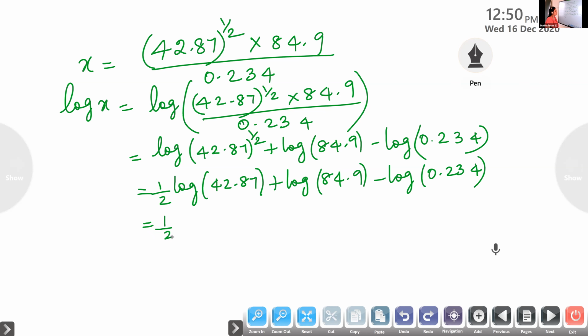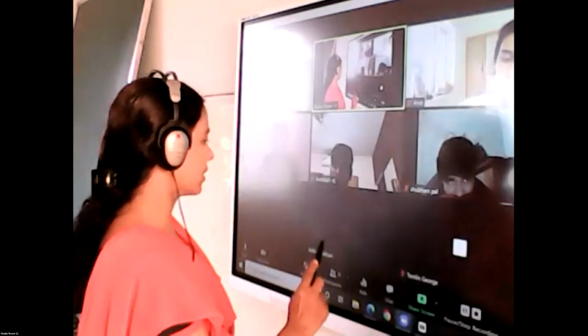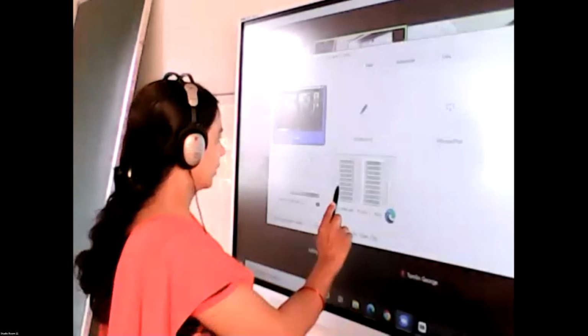Now we want to take log of 42.87. What is the characteristic? 1, and the mantissa from 4287, isn't it? 4287's log we have to take from the log table. Is it log or antilog here?